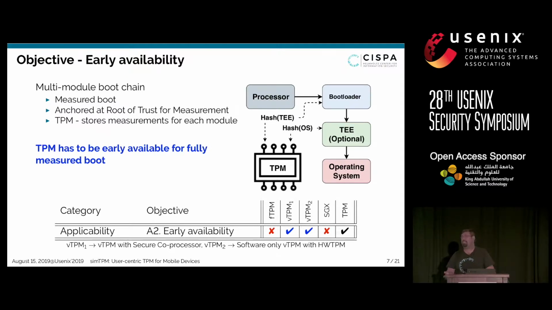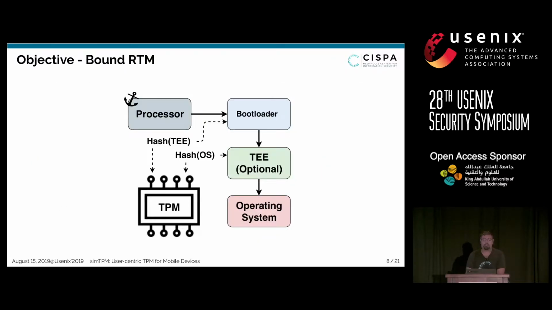For SGX, this is no surprise because SGX was never designed to support this objective. But interestingly, fTPM also does not support it, because fTPM is a trusted application running inside the trusted execution environment, or TEE in the figure, which appears late in the boot chain. The next objective I want to talk about is bound RTM, or bound root of trust of measurement.